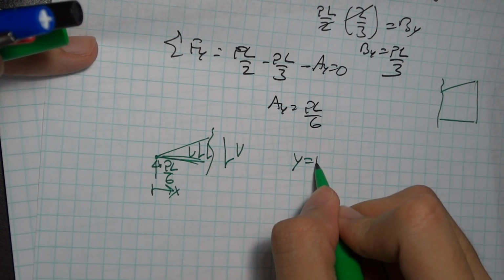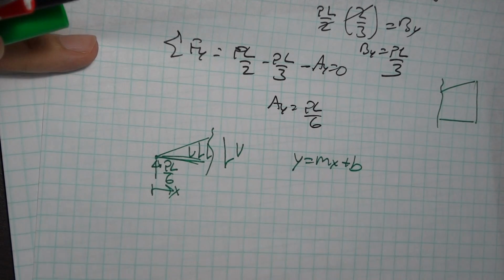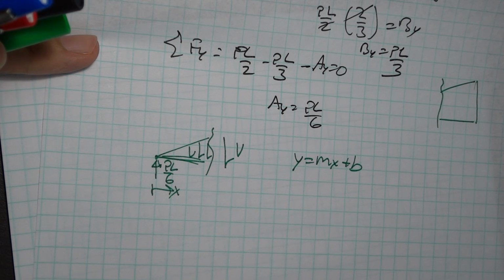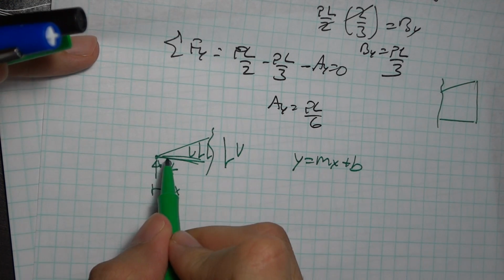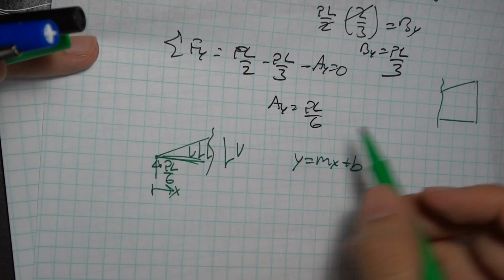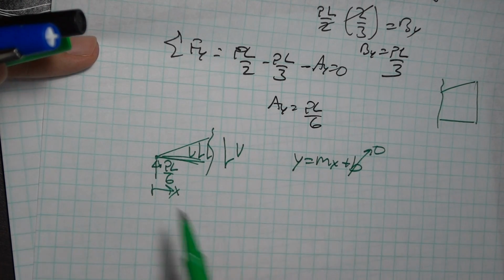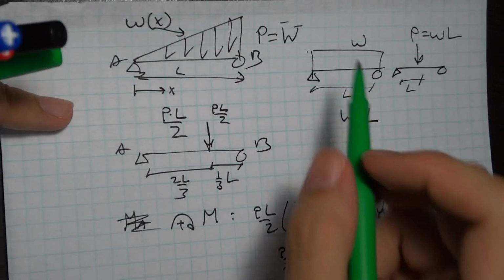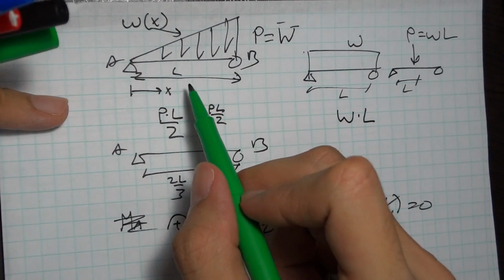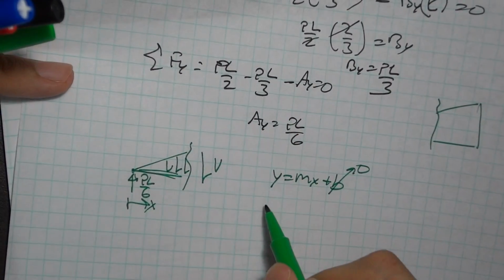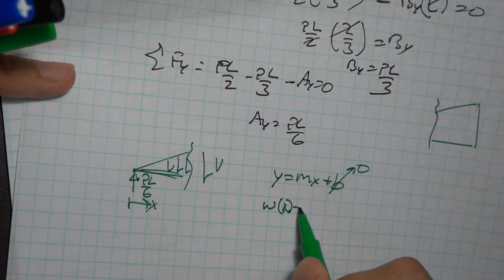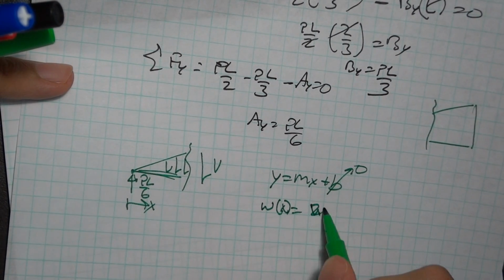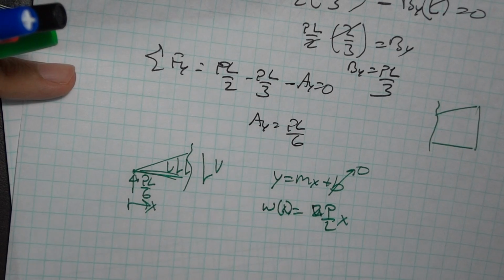So y equals mx plus b. What is the value at x equals 0? It's just 0. What is the slope? The slope is just the rise over the run. So my function of x is equal to P over L times x.